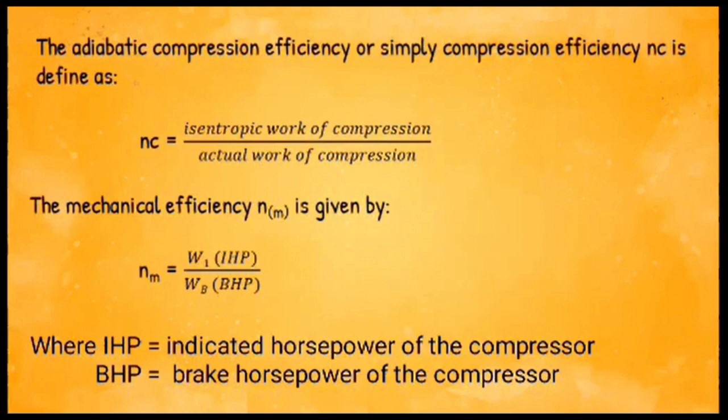The indicated horsepower of the compressor is equal to the mass flow rate times the actual work, while the BHP, or brake horsepower of the compressor, is equal to the motor input times the motor efficiency. That's it. Those are the efficiencies of the system that we also need to find. So that's all. Thank you.